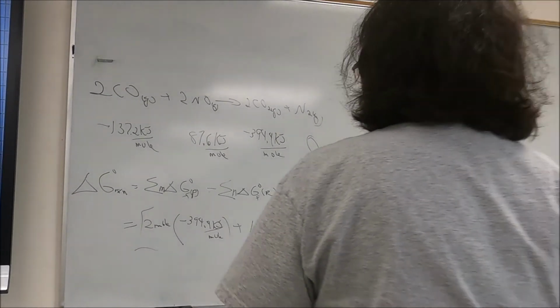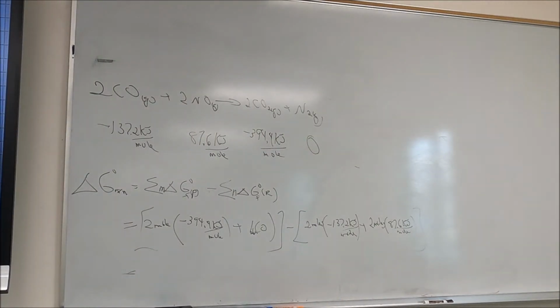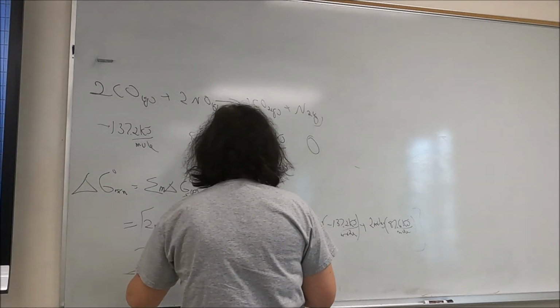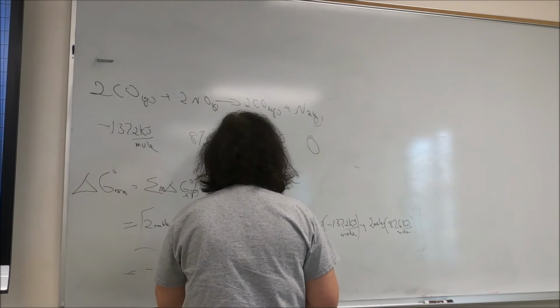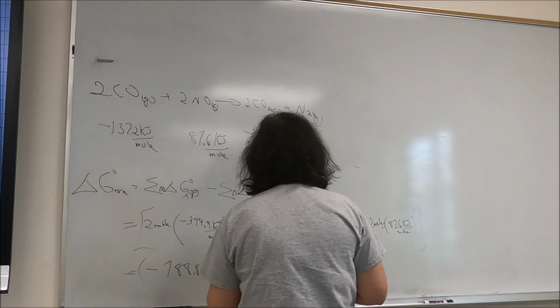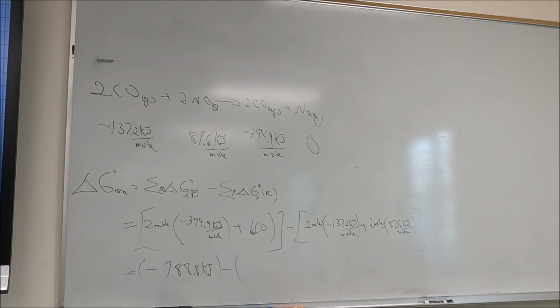Now, if I pull out my handy dandy calculator, 2 times negative 394.4, so I have a minus 788.8 kilojoules, minus 2 times negative 137.2, plus 2 times 87.6.